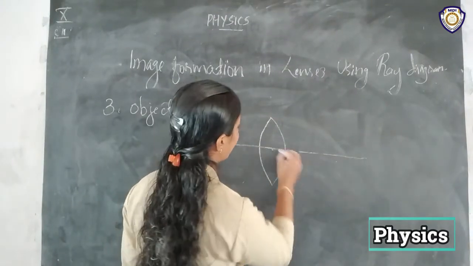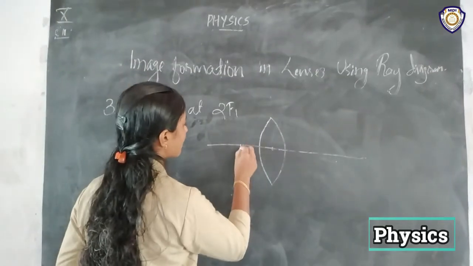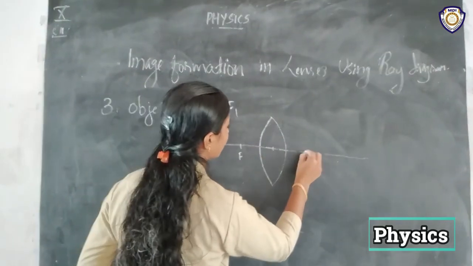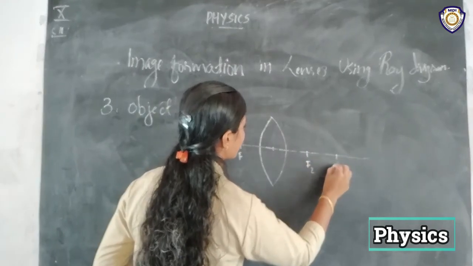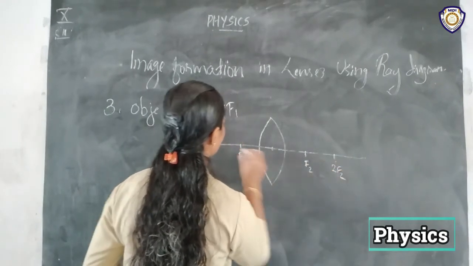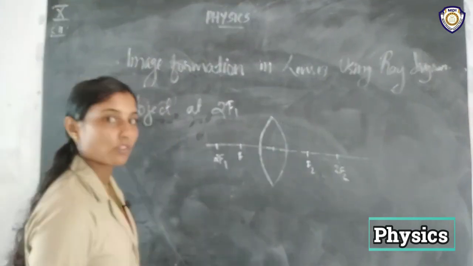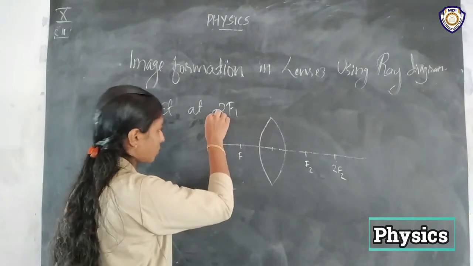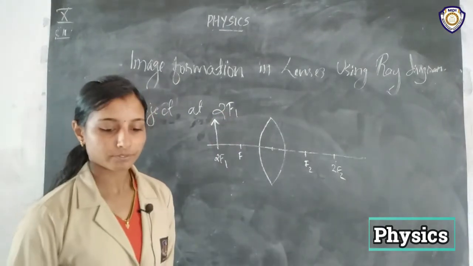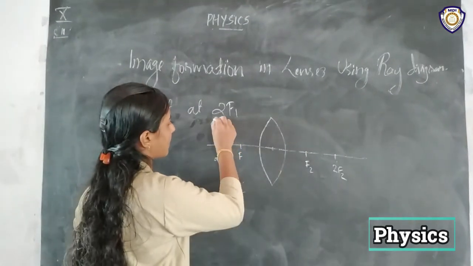This is the principal axis. Here f1, here f2 and 2f2, and here 2f1. So the object is placed at 2f1. We have to consider two incident rays.